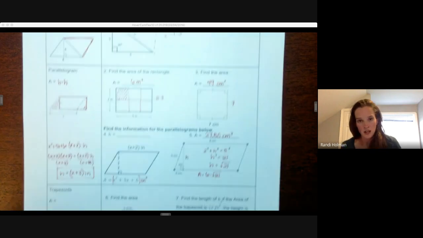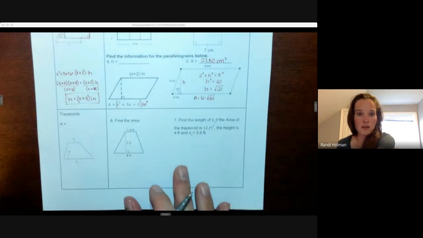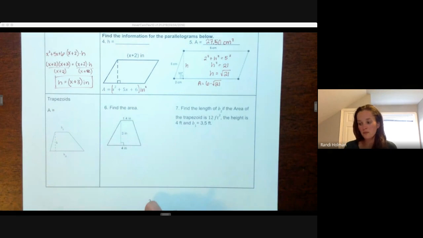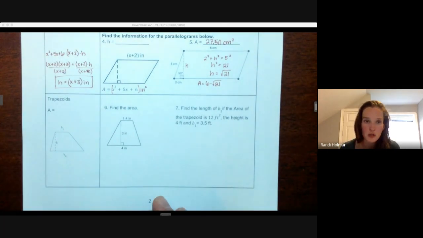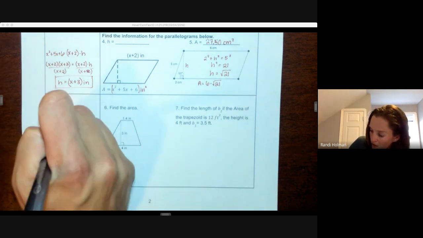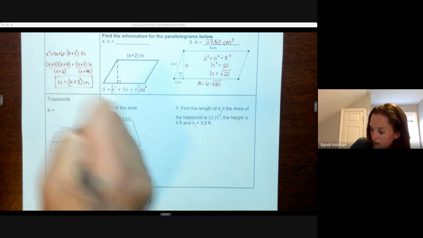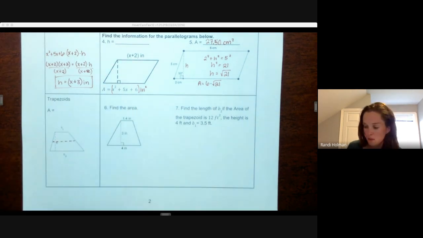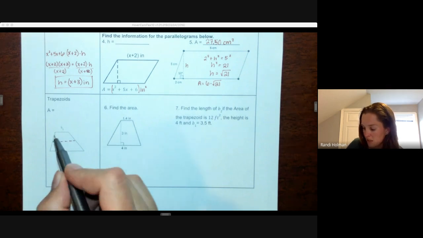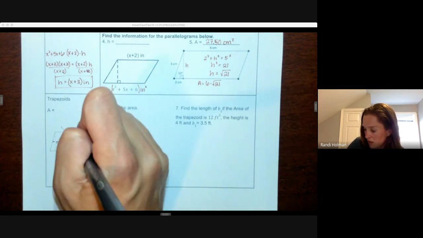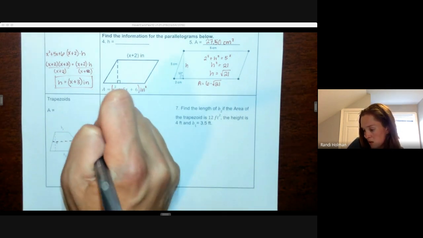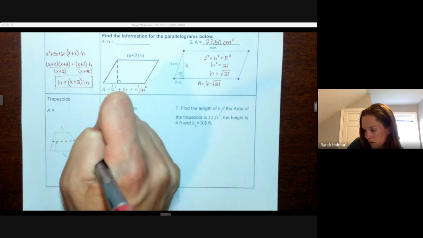So let's move along here to some trapezoids. So a trapezoid, again, we're going to try and relate it back to a shape that we already know. So the best way to do that for a trapezoid, there are multiple ways, but the easiest way to see it is if I slice this trapezoid right here down the middle, if I flip this piece over here, it is going to end up looking like this.